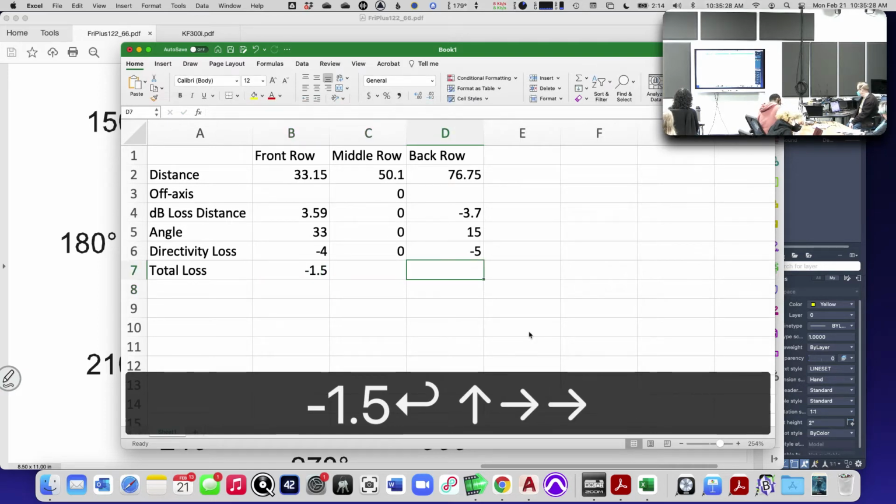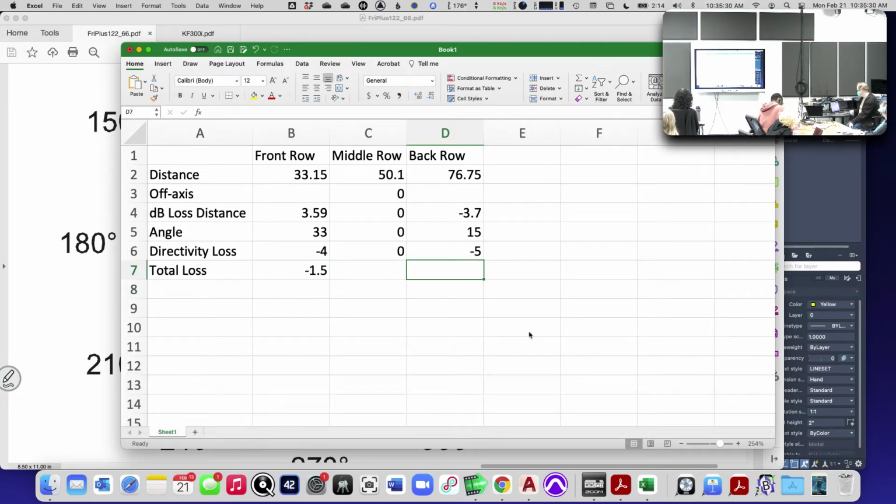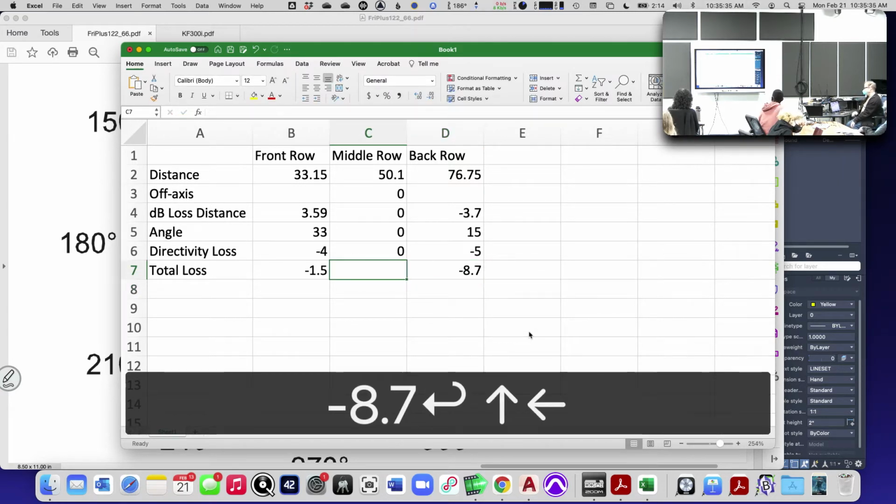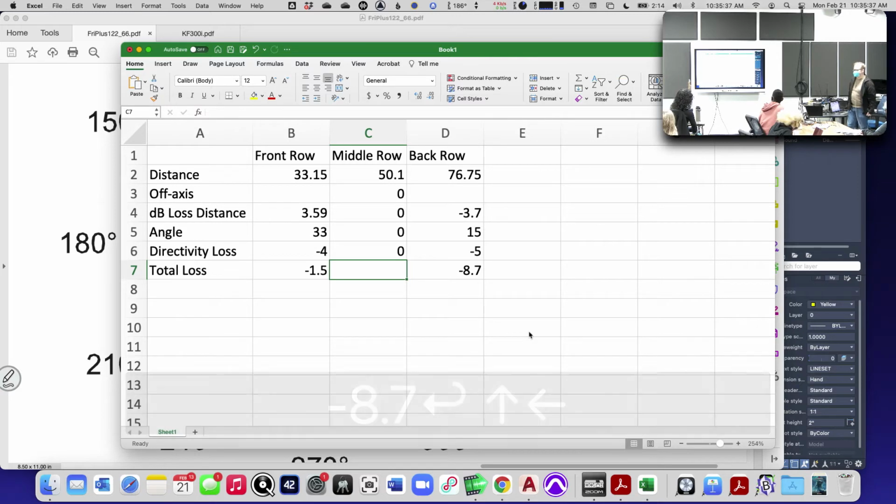What about the back row? Minus 8.7. Well, shoot. Did I make a mistake? Well, I'm just confused as to, yes, that number is positive for dB loss distance, but never mind. Go ahead. I just don't understand, like, that's still like a loss.